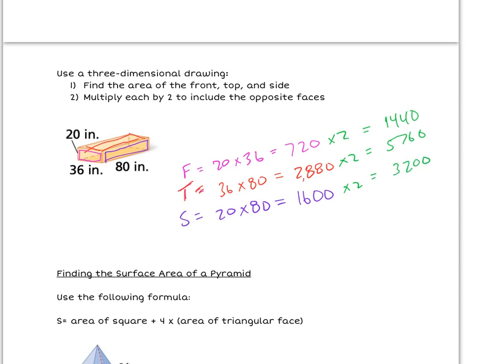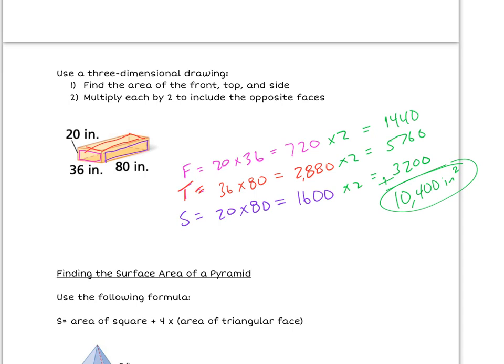And the reason we multiplied by 2 is because there's a top and a bottom that are the same, a right side and a left side, and a front and a back, all the same. So now that we have all of those, we would add them. So 1,440 plus 5,760 plus 3,200 gives me my 10,400. Same answer as before, and we use inches squared.